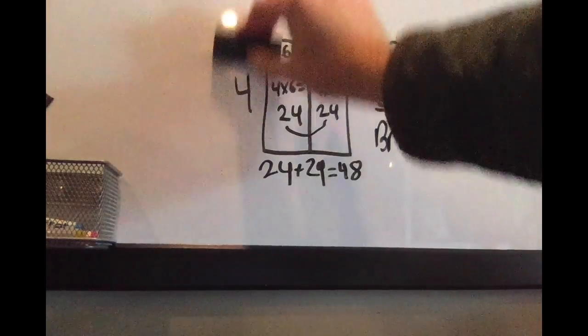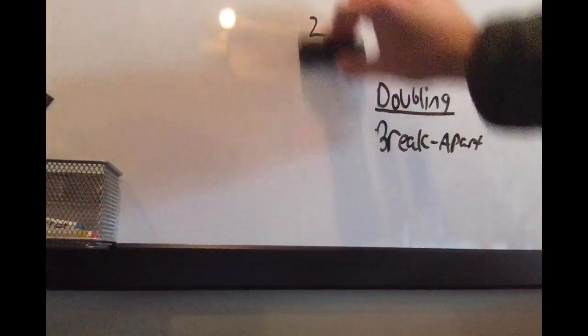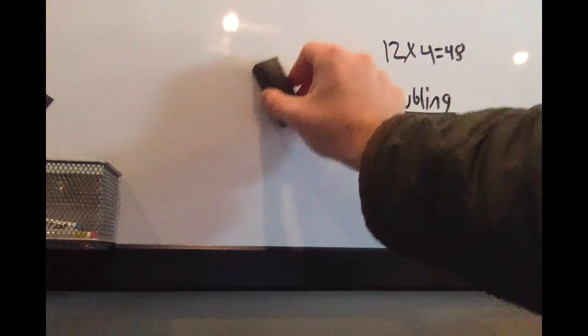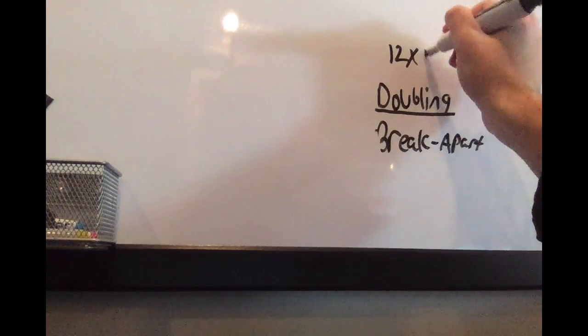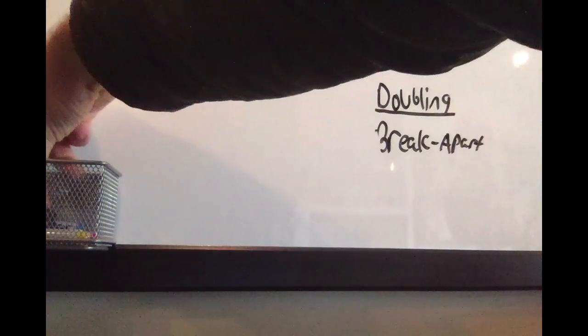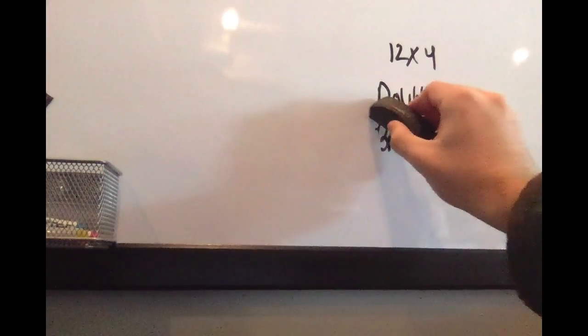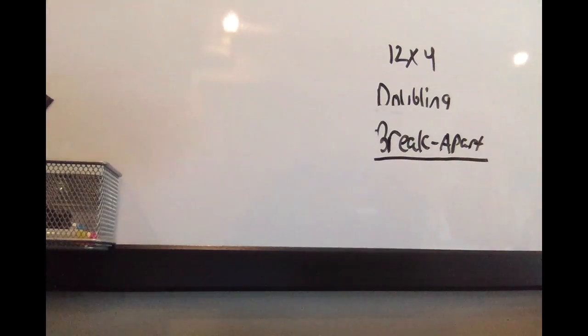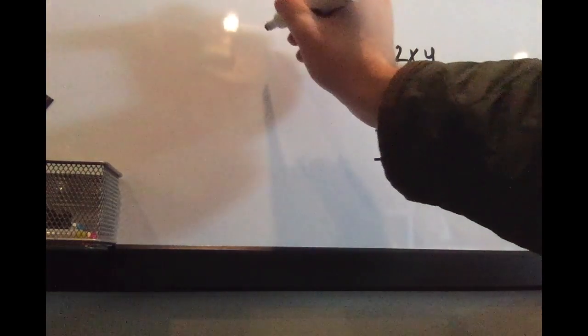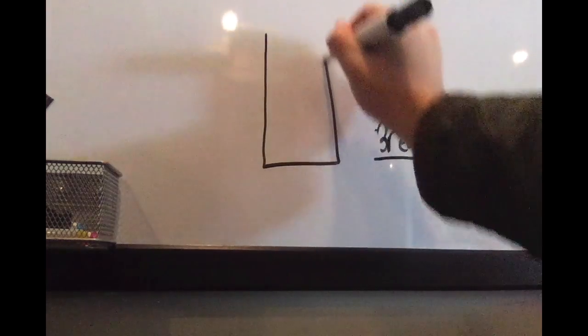Now, let's erase this. And let's try doing this the other way. So 12 times 4, we don't know what that is. But instead of doubling, let's use the break apart method, right? So let's draw this out again. We draw our nice rectangle.